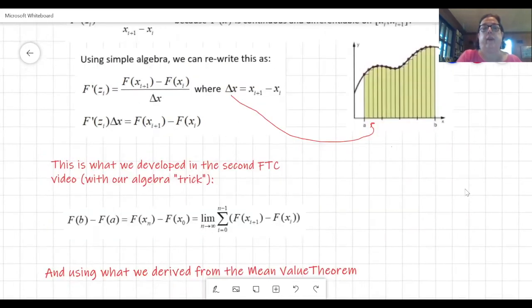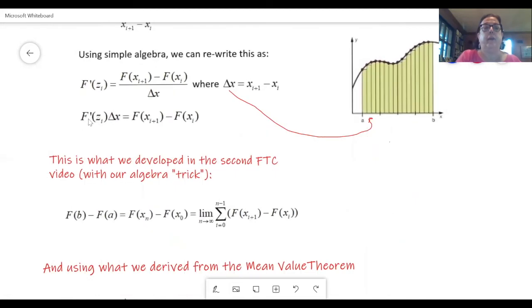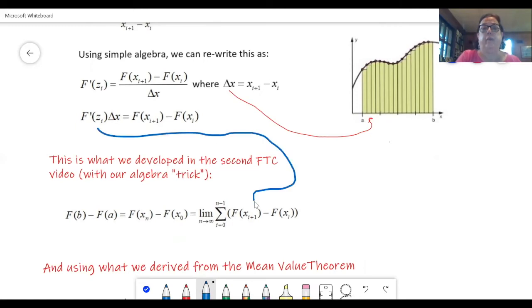So that's going to become very important. We're going to be able to take this value and plunk it in over here, because these expressions are the same. This was the result from our second fundamental theorem video. This is what we got.